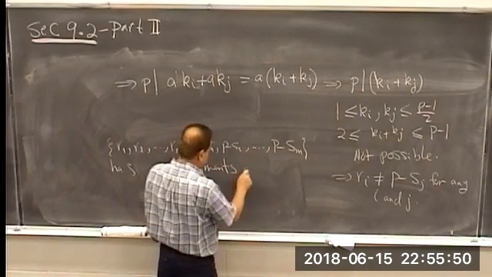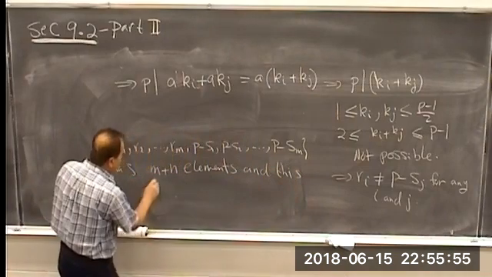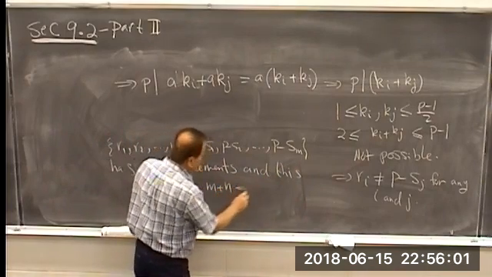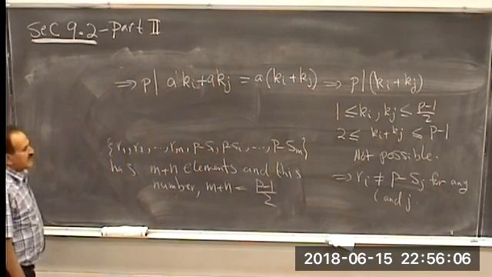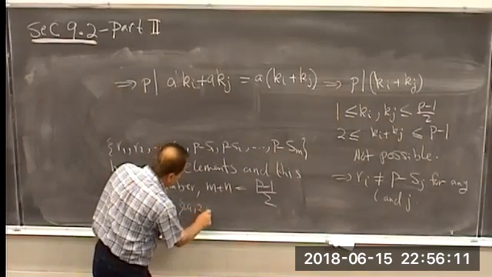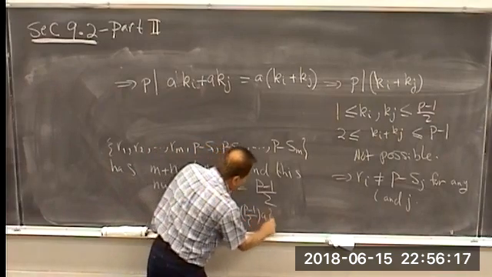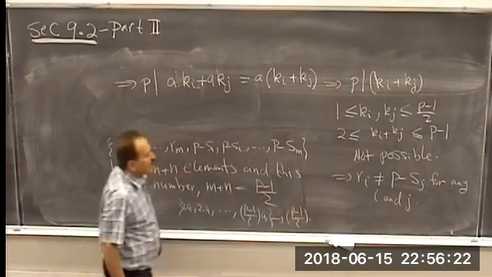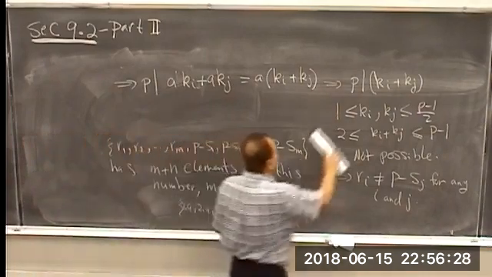And this number, m plus n, is equal to (p minus 1) over 2, the original elements in S. Remember, S is a, 2a, up to ((p minus 1) over 2) a. So this one has (p minus 1) over 2 elements. And we showed that this one is a subset.